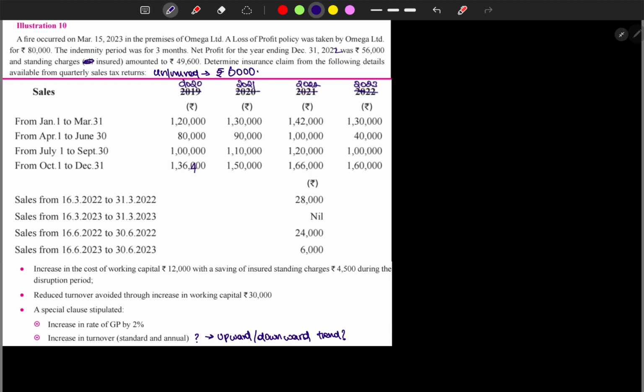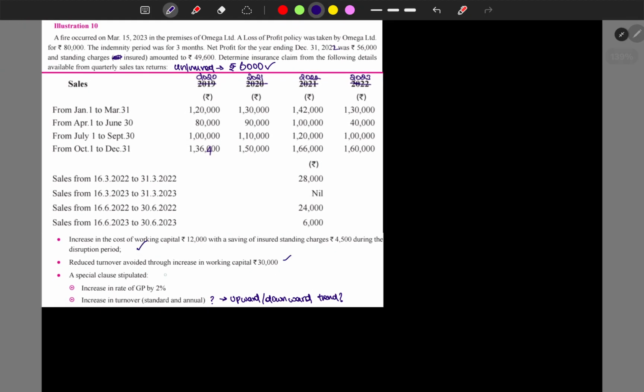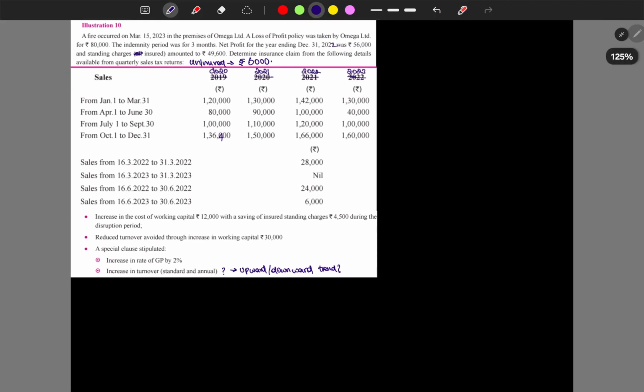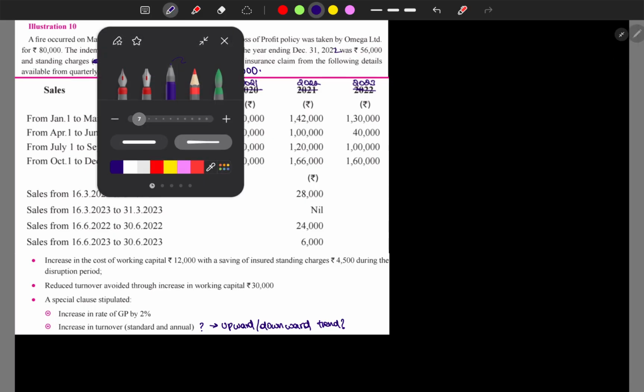These values are also from the previous question. This one, this one, this one, these are all from the previous question. So for our understanding I have just included these also with the one problem. So this one problem should give us the entire understanding of loss of profit.